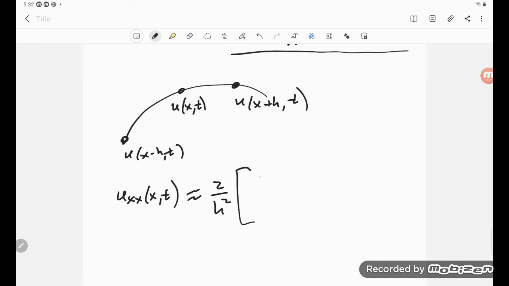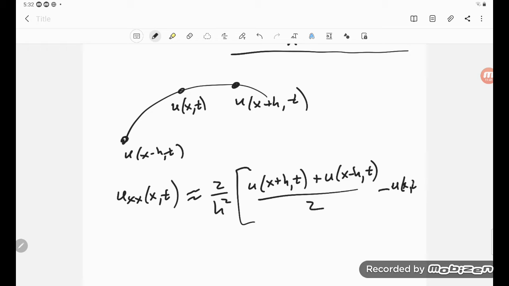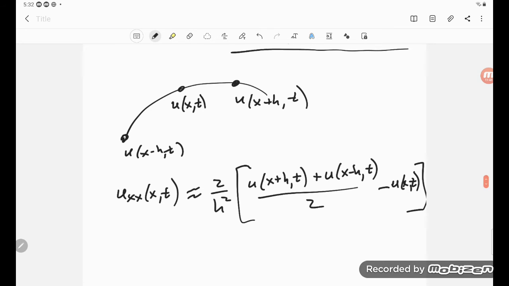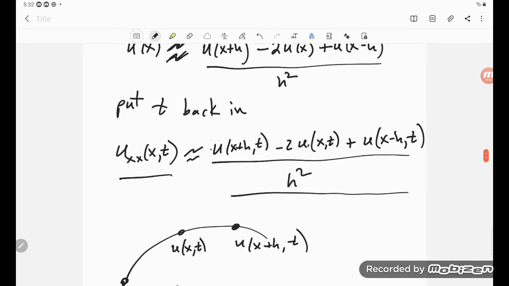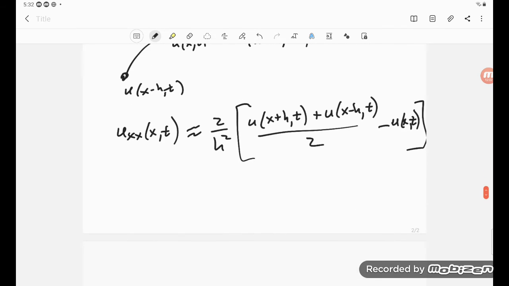And what that leaves is u of x plus h in t plus u of x minus h in t, all divided by 2, and then minus u of x and t. And so here we can see it, so I factored the 2 out, which had me have a denominator of 2 on those side terms, and factored the h squared out of the bottom.